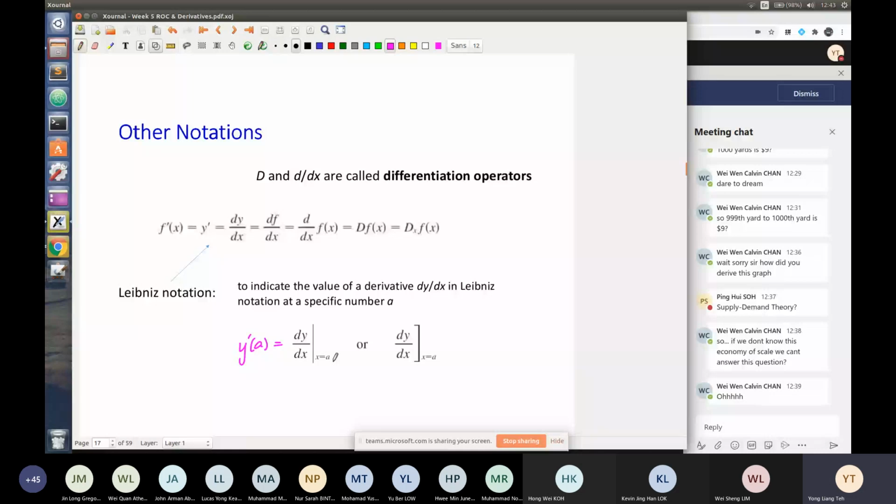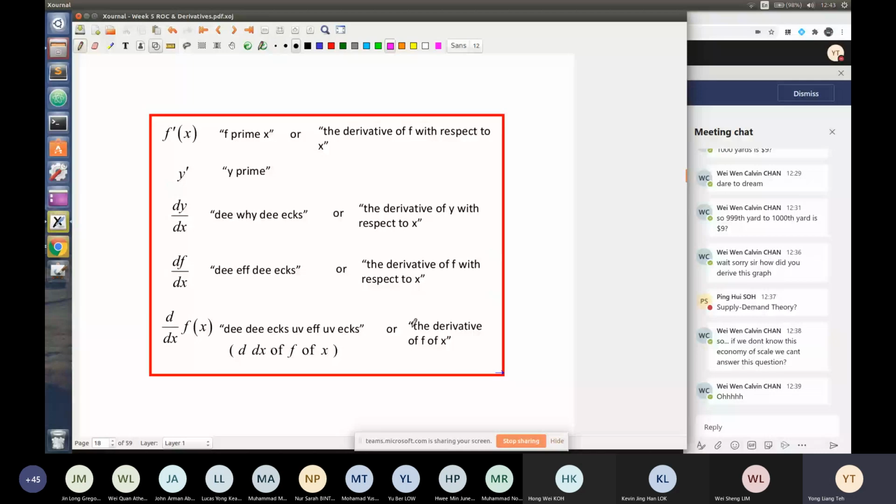So isn't this y prime of a or f prime of a? Therefore you can write like this or you can write like this. Personally, I'll write this way, using the prime notation. This other notation, I have almost never seen it before, so don't worry about it. These are just all the different ways of pronouncing this gradient function. I leave you to go through this yourself. It's not that important.